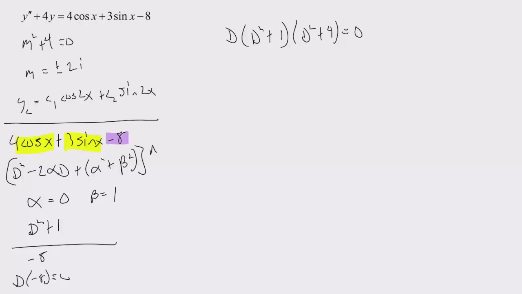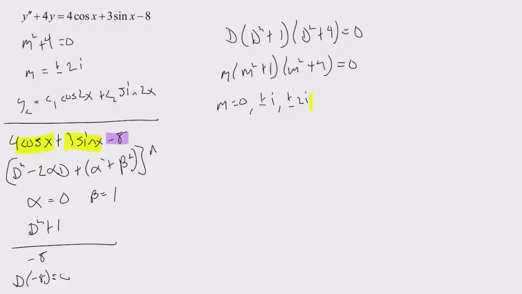Okay, so that says m squared plus 1 and then m squared plus 4. So we got m equals 0, plus or minus i, and then plus or minus 2i.